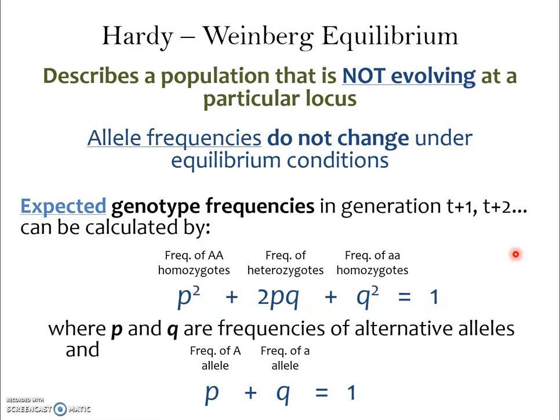So just a summary. Hardy-Weinberg equilibrium describes a population that is not evolving, at least for the locus that we're talking about. And because our definition of evolution is change in allele frequencies, what we're observing is that allele frequencies haven't changed. Alleles still sort themselves out in a random way.